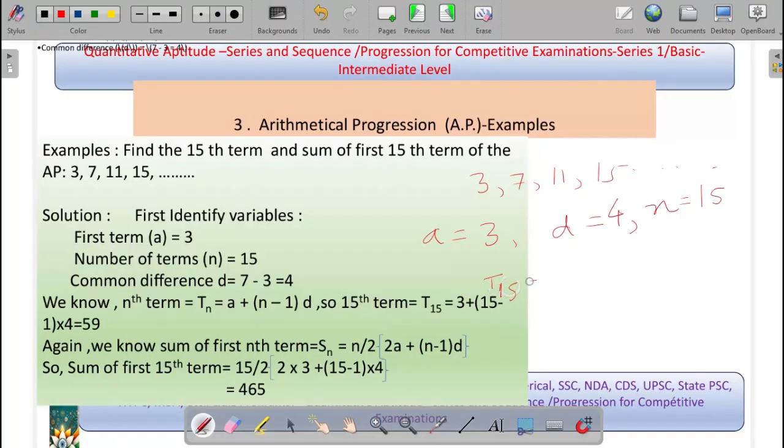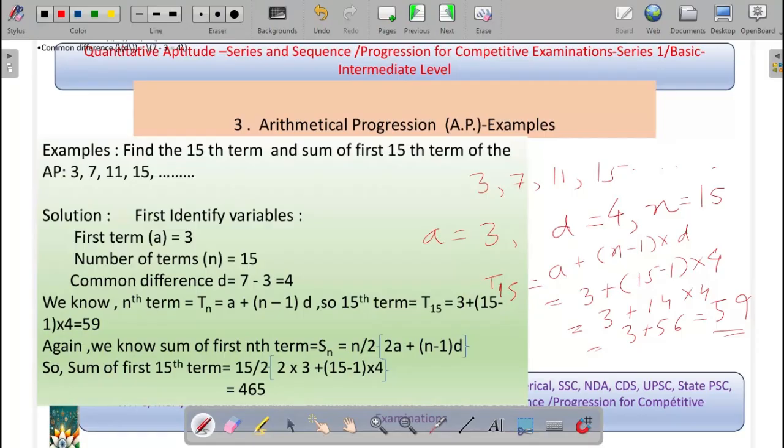So T15 will be a plus n minus 1 into d, equal to 3 plus 15 minus 1 into 4. 14 into 4 is equal to 56, plus 3. That means this is 59.